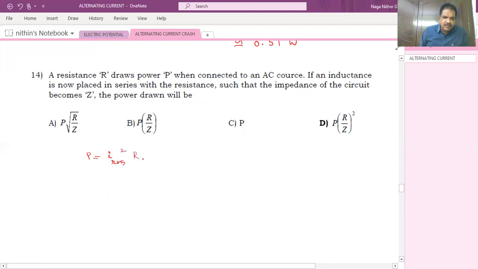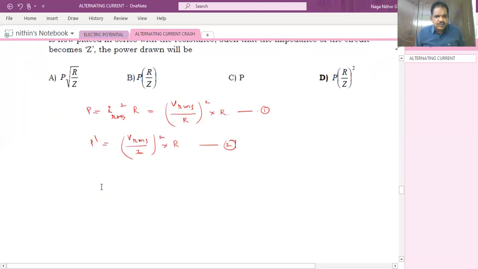So (VRMS by R) whole square into R. This is initial. When the inductor is connected, P dash is (VRMS by Z) whole square into R. P by P dash you do.